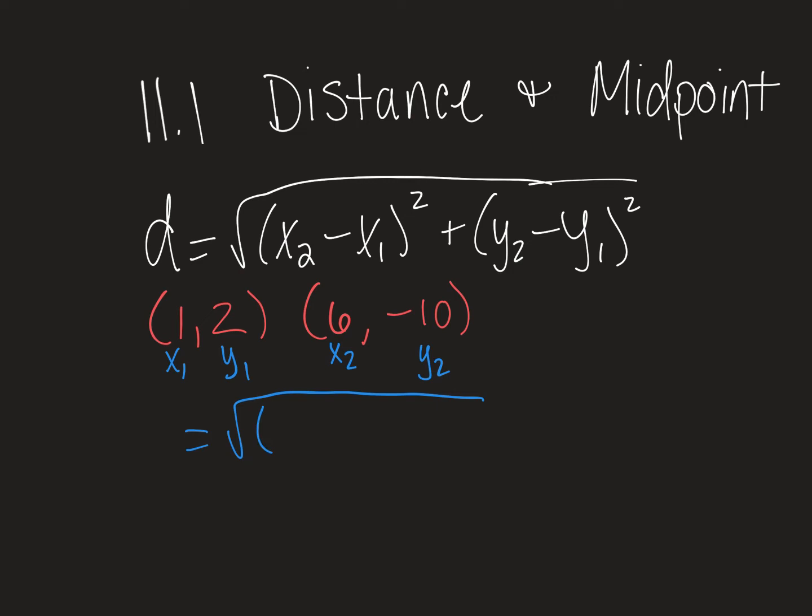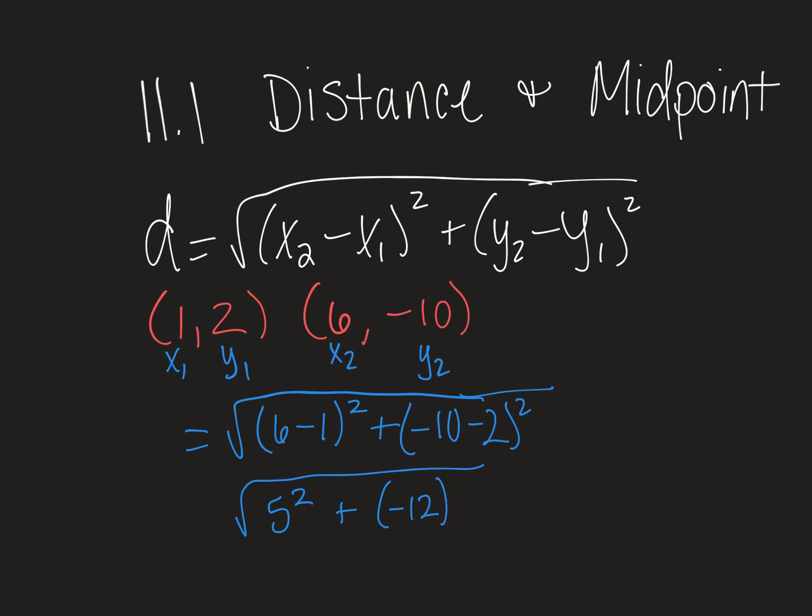And then you're just going to plug those in where they go. So 1 minus 6. No, sorry, 6 minus 1. Negative 10 minus 2 squared. So 6 minus 1 is 5. Then you have negative 12 squared.